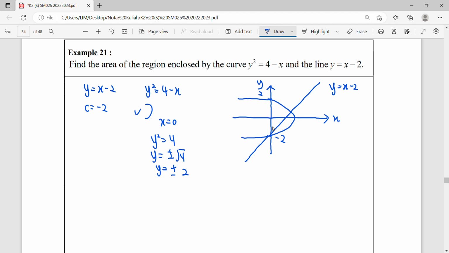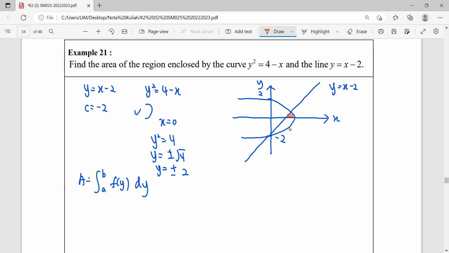So the region enclosed by the curve and the line happens at this region, enclosed by the line and the curve. So this region here. So we're going to observe this region horizontally. That means the formula that we're going to use for this area will be the integral from the lower limit up to the upper limit of the function in terms of y, dy, horizontally.